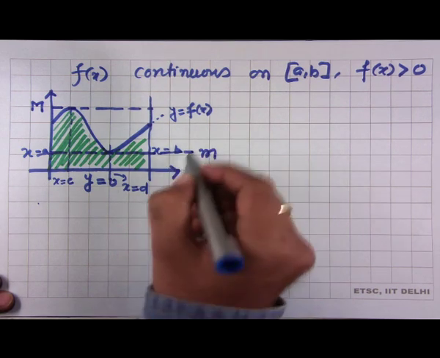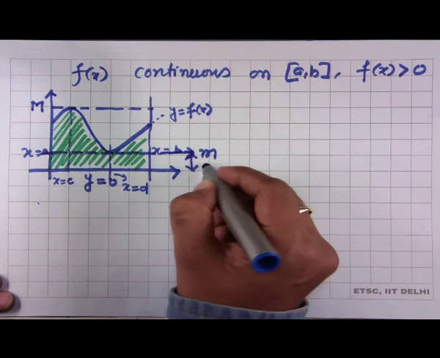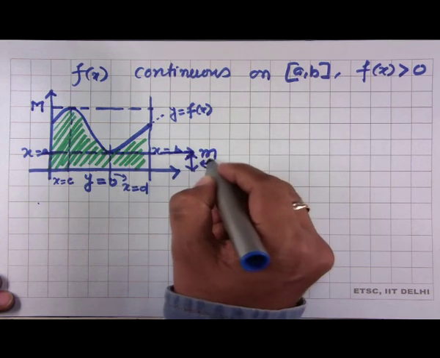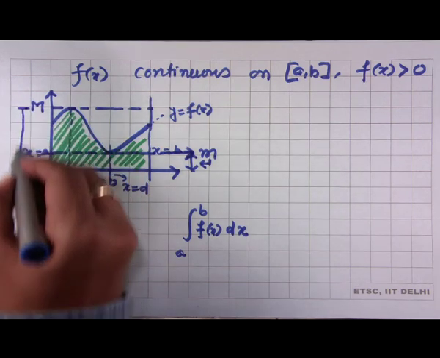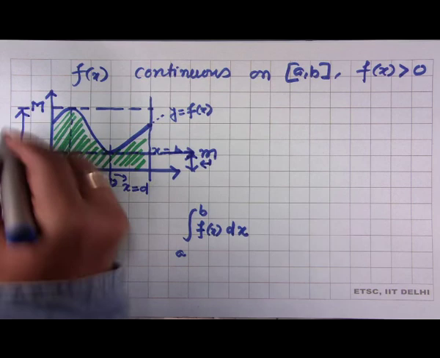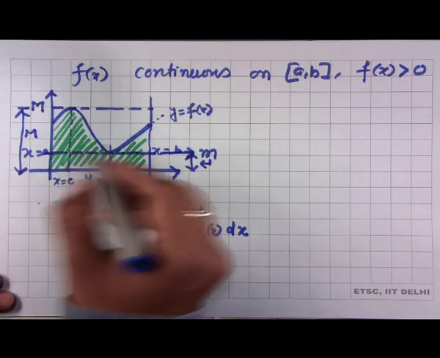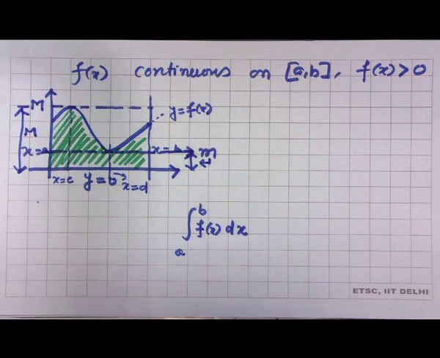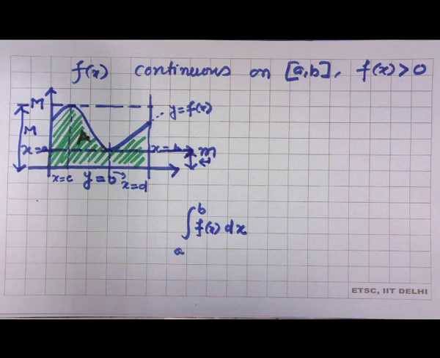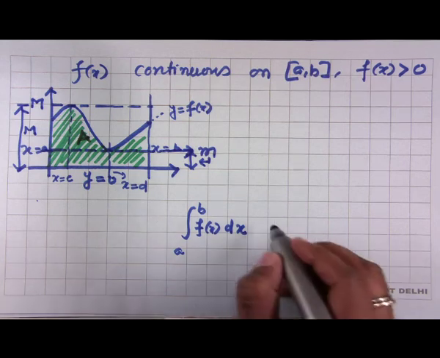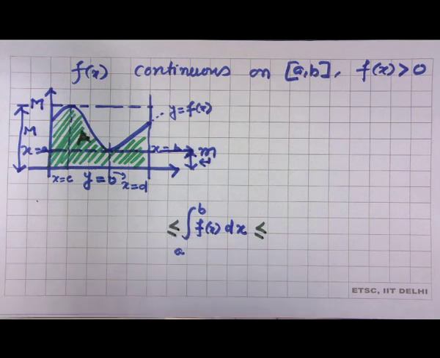and say this height is small m, and this height is capital M. You know that the green shaded region is the actual area, and we want to find a bound of this for the given function.